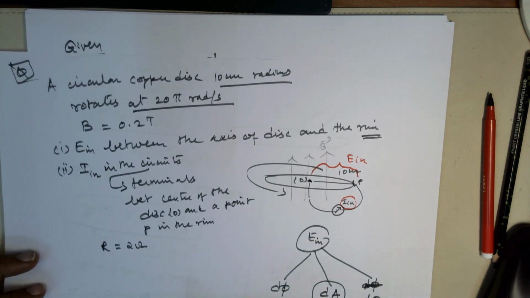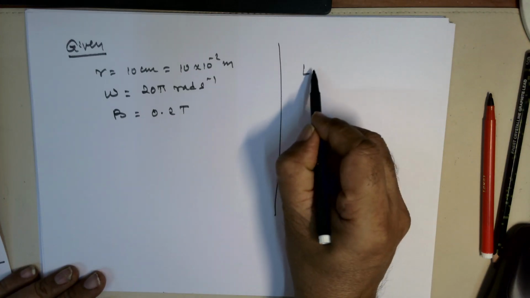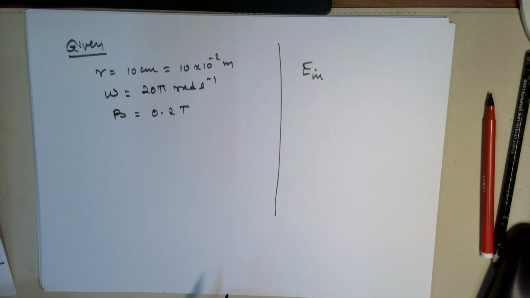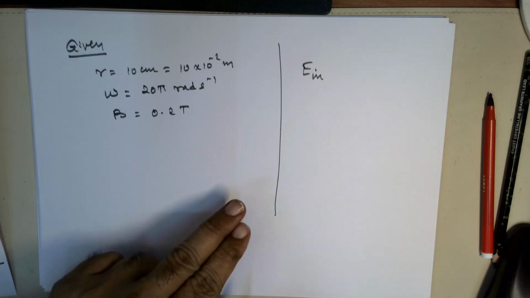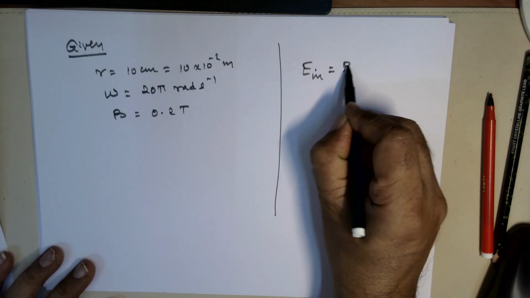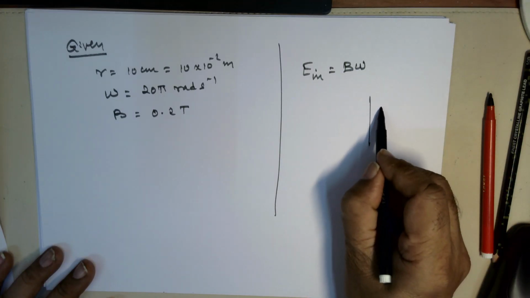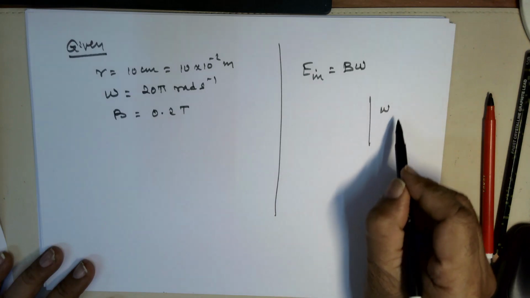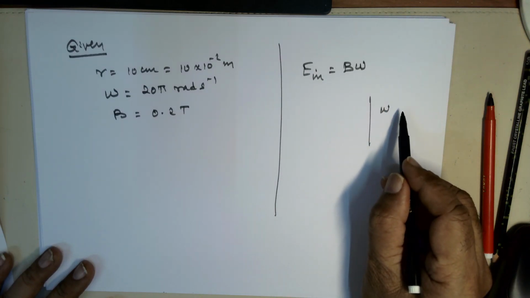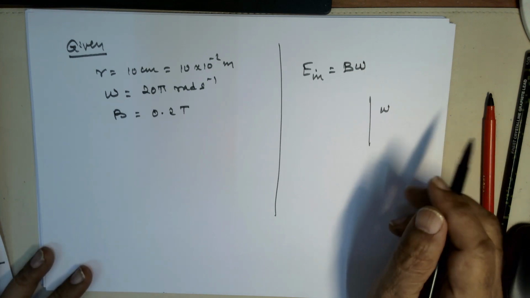Now the induced EMF is equal to B omega R squared by 2. Omega is the angular velocity, and V is the linear velocity.